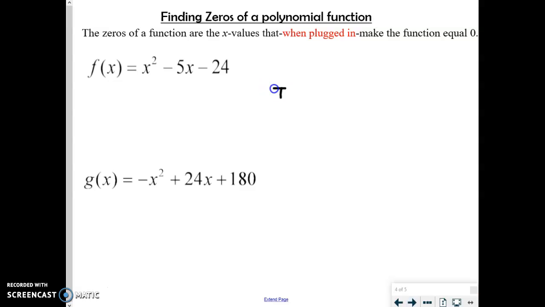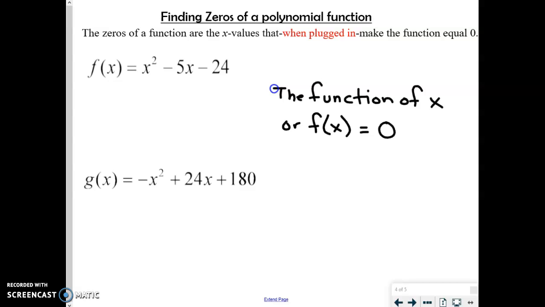So f of x is going to be equal to 0. This is simply another form that you should be aware of, and when you see it, in order for us to work it, you're simply going to put 0 in for f of x and then solve it by factoring, or other methods that we'll learn throughout this unit. Okay?